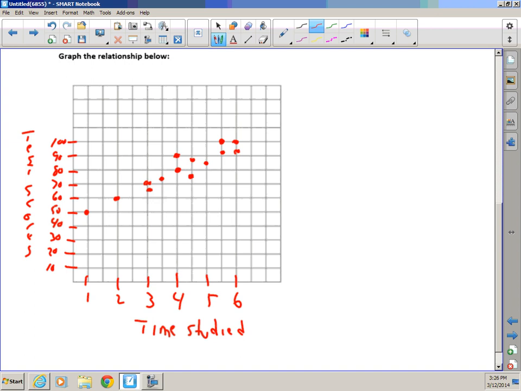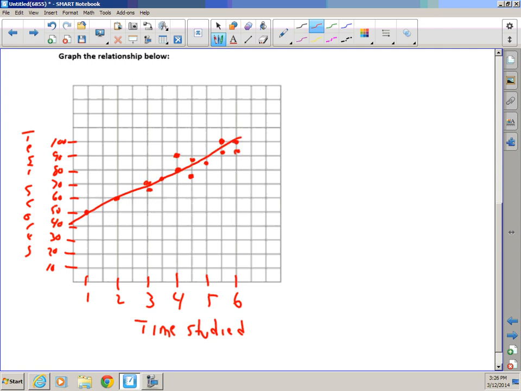Okay? Now, if you take a look there, what I came up with as a line of best fit was a line that went through (1, 50) and (6, 100), something along these lines. I may be off.